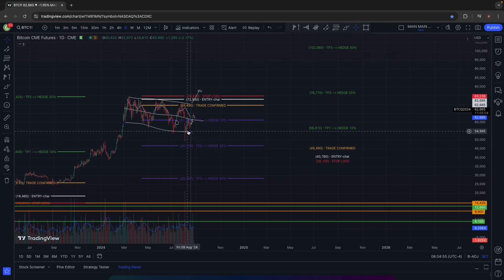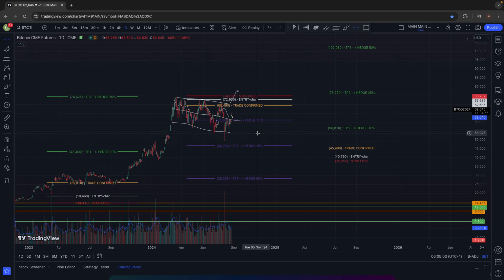But if we do it the second time and we don't break 56, 55K, I'll be considering that as the new local low, and I'm going to be pretty adamant about that because I know that this 30, 40K area was our last low. Now it'll be around 50K, and then we can launch on up above 70, and then in the future, 60 to 70K will be our support while we're trying to get to 100K.